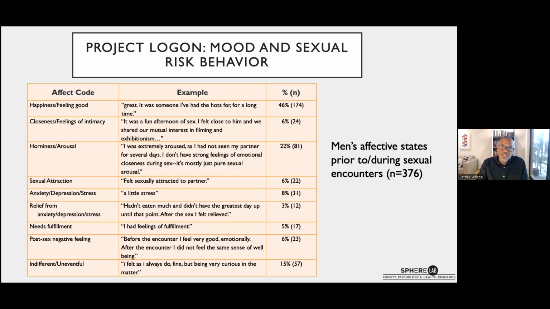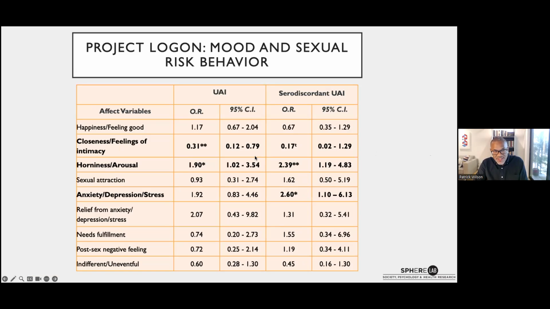We also asked them to tell us how did you feel prior to or during the sexual encounter? And we coded those responses, and then we were able to create quantitative variables out of them. And we see a very similar set of findings, particularly when it comes to anxiety and depression, such that when individuals reported anxiety and depression, they were more likely to also report serodiscordant UAI.